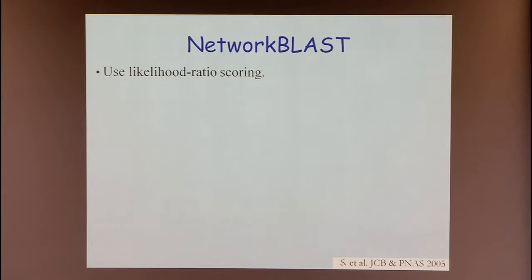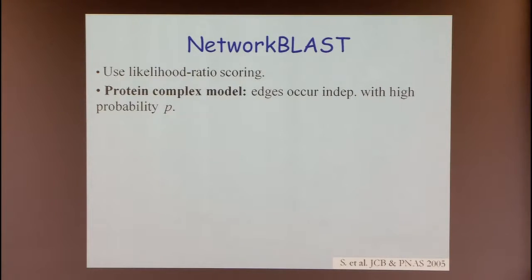So to do that, the idea is to use a likelihood ratio scoring, which requires you to define your model of a protein complex and contrast it to your model of how the protein network looks. Okay? So let's start with what is a protein complex.